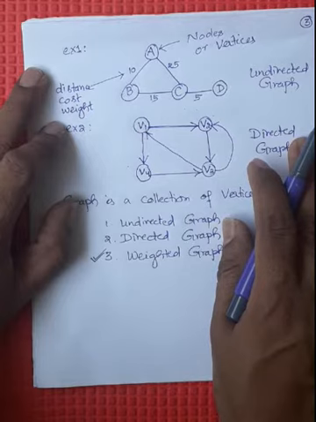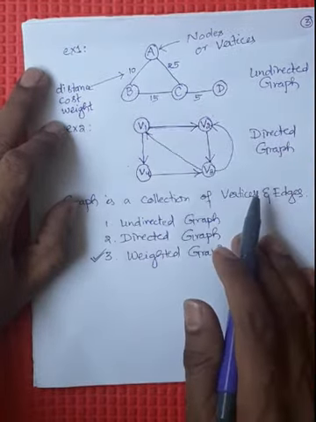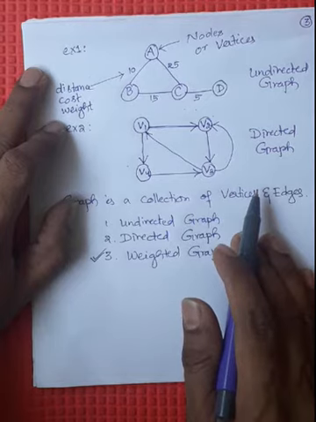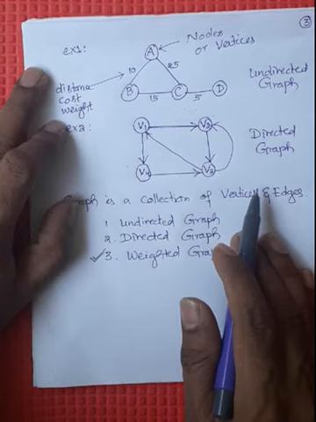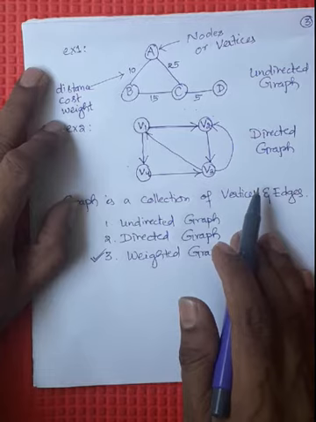So the weight may be the distance in kilometers, or the ticket cost from one source to another destination, or the time taken to travel. Those values represent the priority to move from source to destination, to take a decision, and we call it distance or cost or weight.